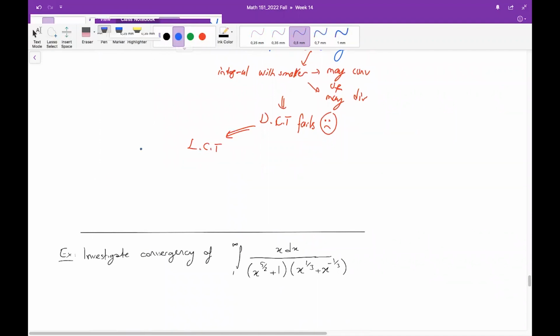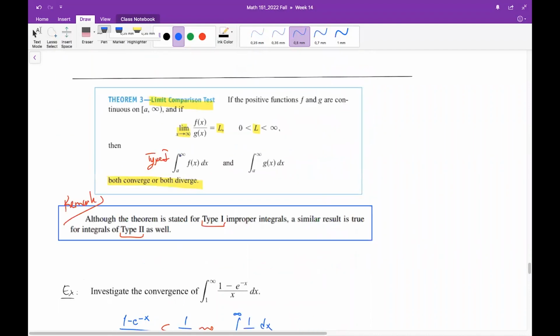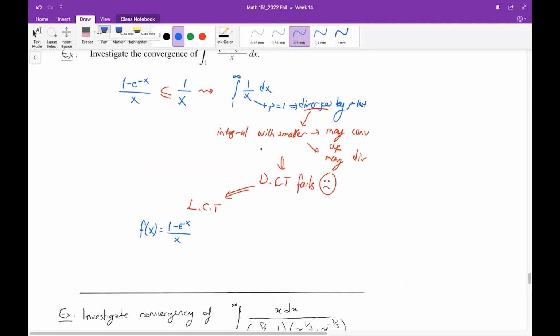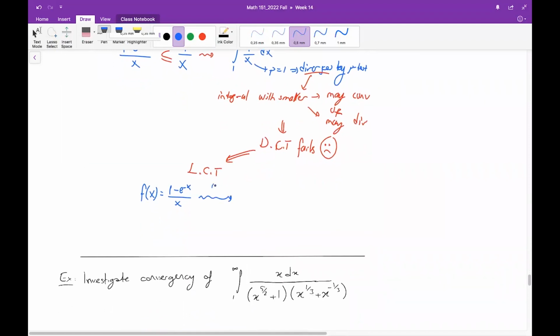Okay, our function f of x is this one here, (1 minus e to the power minus x) over x. And to be able to use this test, the limit comparison test, you need to choose a function g of x. How to choose it?